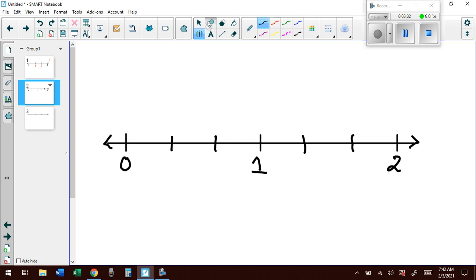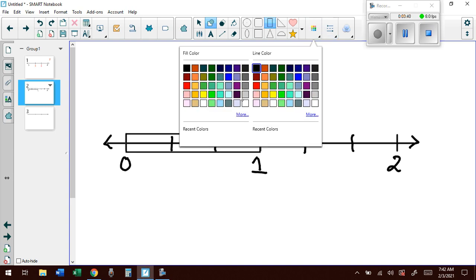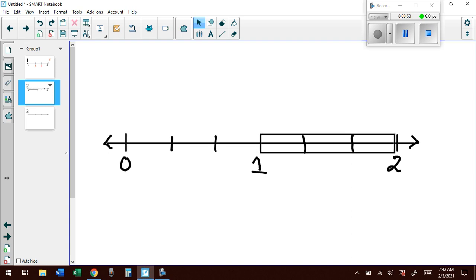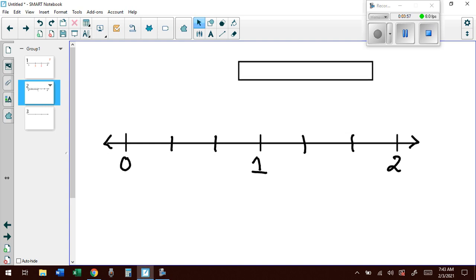So we have 2 candy bars here. One candy bar here, and 1 candy bar here. We have 2 candy bars.